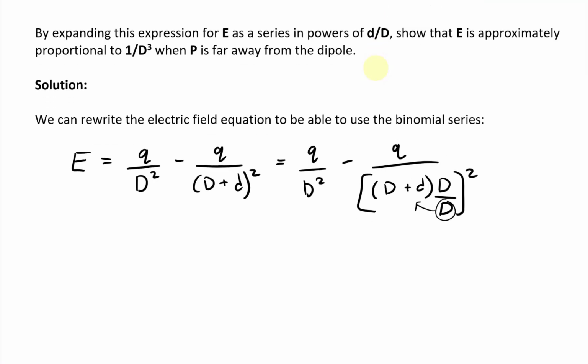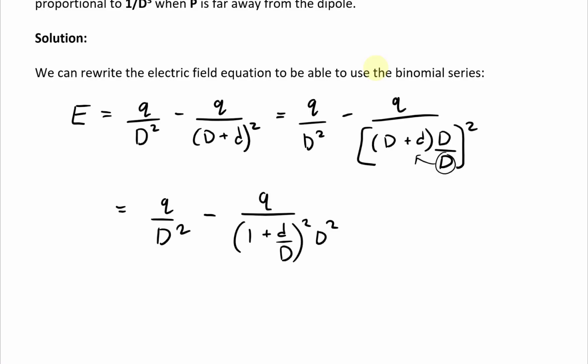So we get E equals q over D squared minus q over, now we have a D squared over there. Capital D divided by capital D is just 1, and the next one is lowercase d plus capital D, squared, and we can square out the other D squared outside of it.